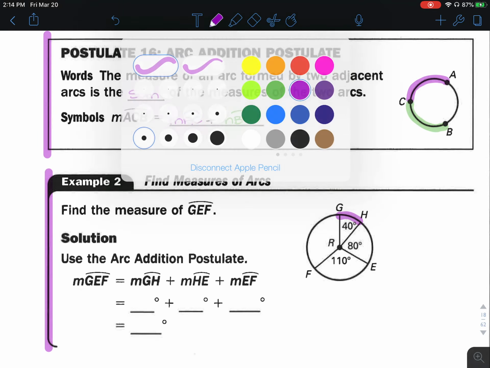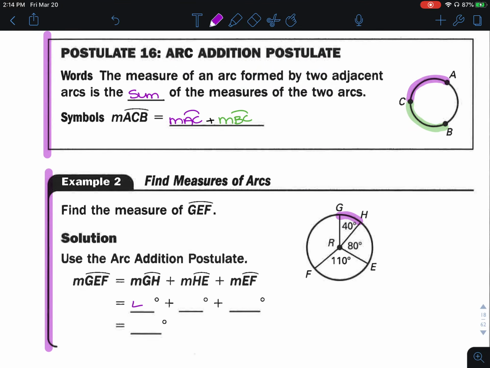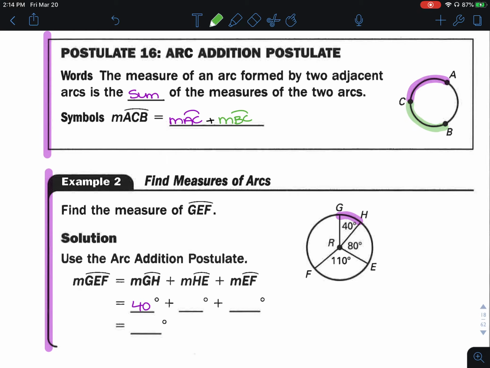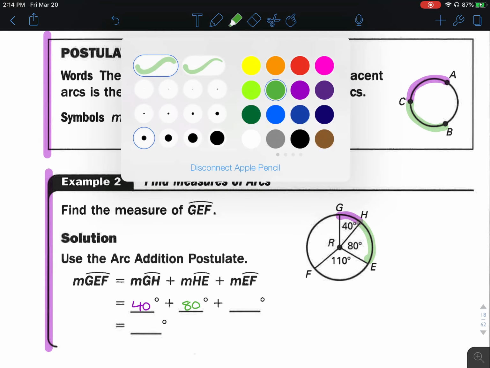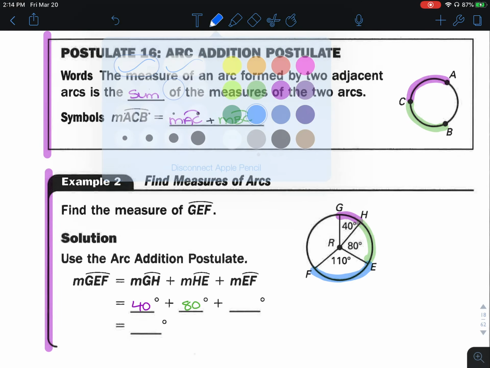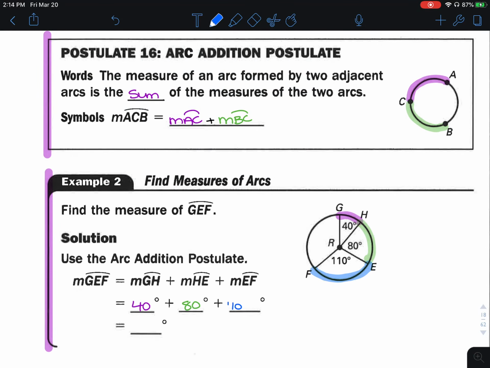In this case, I see that that one is actually 40 degrees, so I can put that down there. Plus the measure of HE, which is this one here. In this case, we see that that one is actually 80 degrees. And then lastly, the measure of EF, and that one we see is 110 degrees.